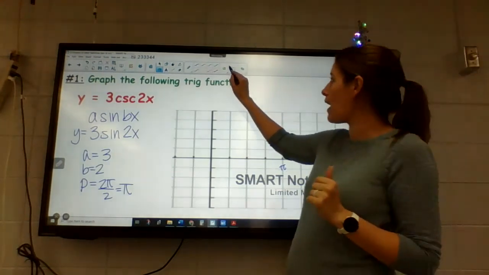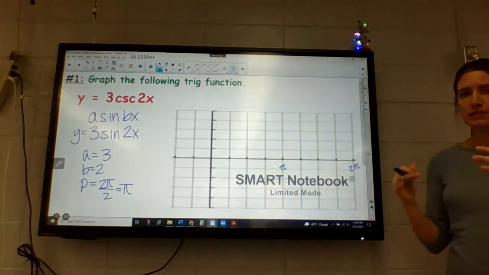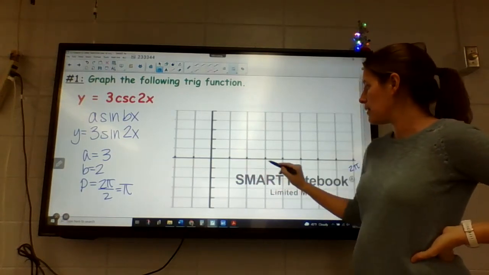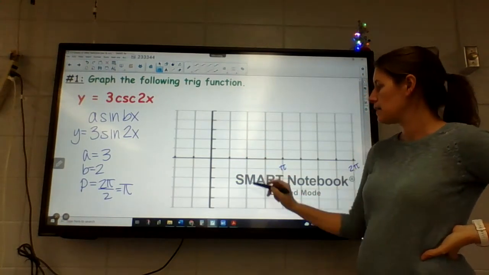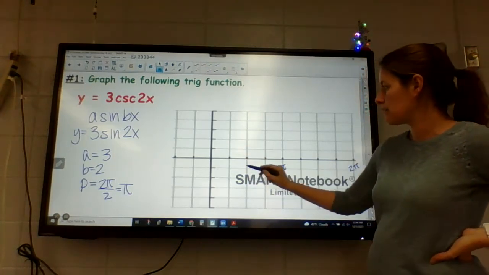So we're going to graph this again with dotted lines because this is not my actual graph. This is just the groundwork for it. If I start at 0, end at 0, because I'm talking about sine, the middle should be 0. I'm going up to 3, down to -3.